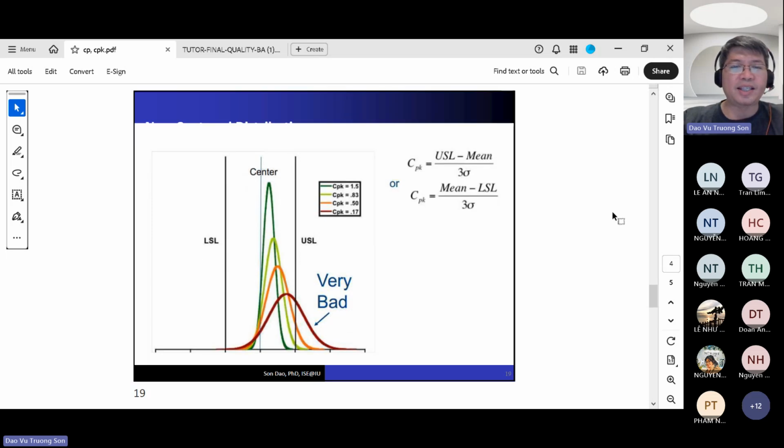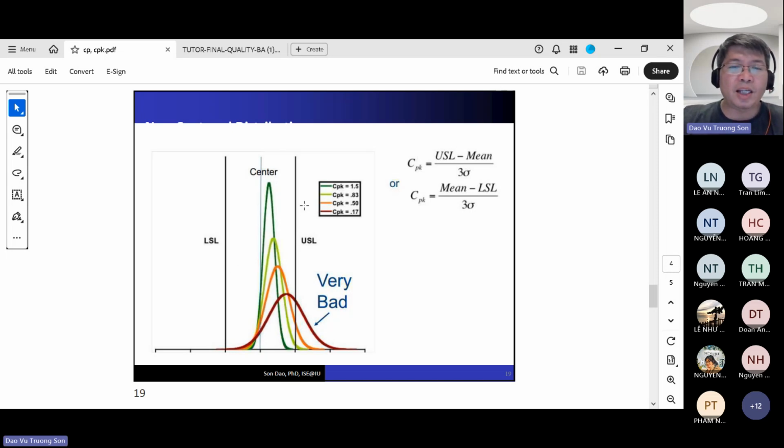Here you can see some examples of different cases of CPK, skewed to the left and skewed to the right. This actually happens a lot in practice. For example, sometimes our machine or the service personnel have some problem, like a health issue, then the process will shift to the right or to the left by some constant.